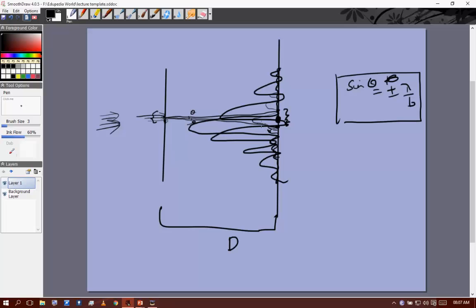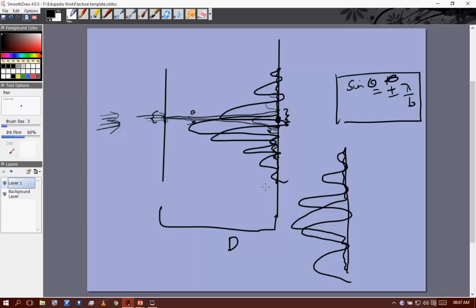If the width of the slit is very large, there will be diffraction always, but the diffraction would be something like this. These should be progressively increasing and decreasing, but you get the point. And as the width keeps decreasing, the diffraction starts becoming more and more like this. The light starts spreading out more and more, and the angular divergence will be plus minus lambda by b.